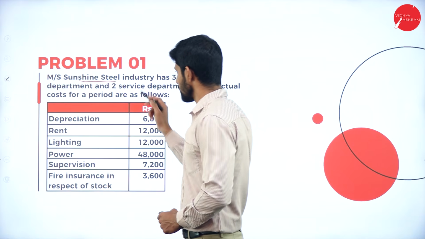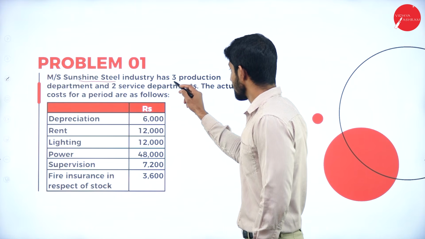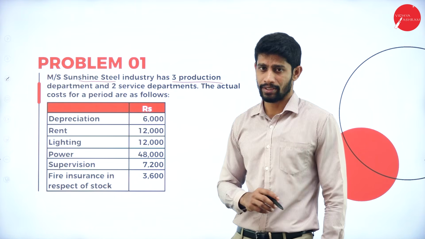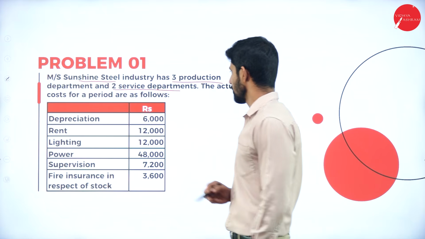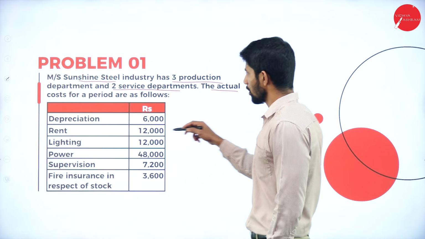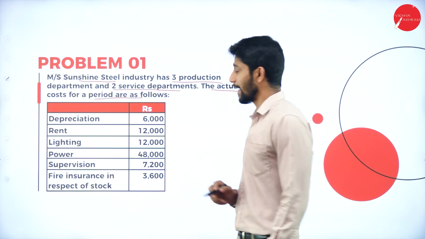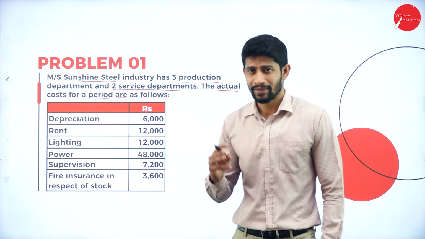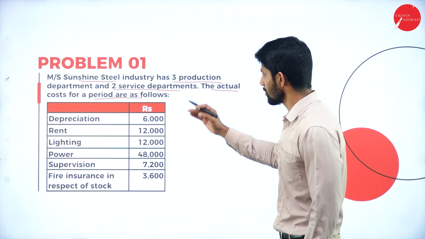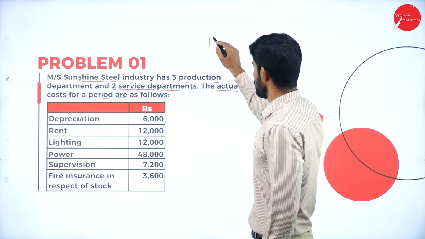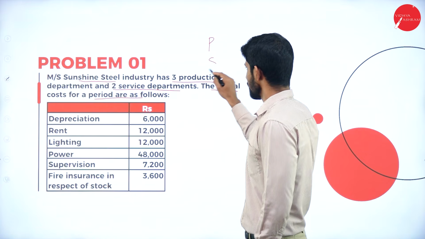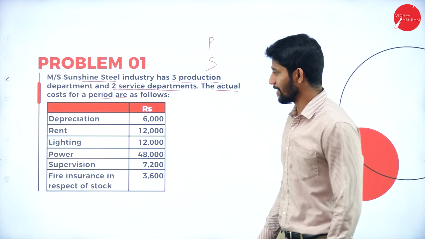Sunshine Steel Industry has 3 production departments and 2 service departments. The actual costs for a period are as follows. You can call production department as P, service department as S. It's easy.